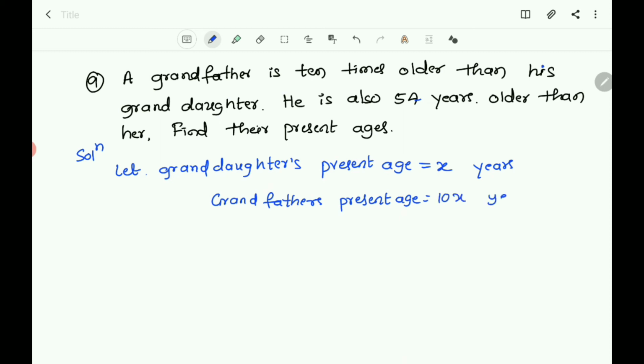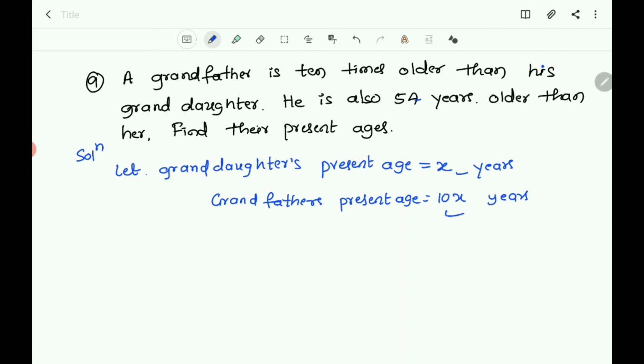Now they also said he is 54 years older than her, so x plus 54 is the age of the grandfather.